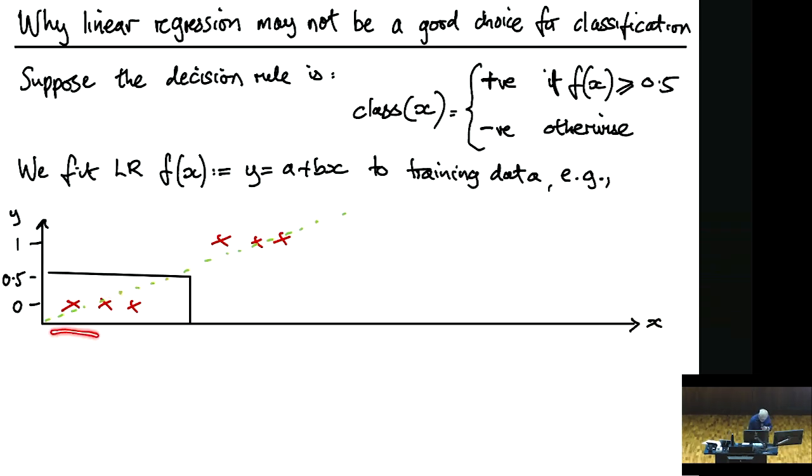So if you're somewhere around here, it's less than 0.5, and therefore it's negative. That's good because these are labeled 0. Whereas up here, if you push it in, you're going to get a value clearly above 0.5, and that would work.